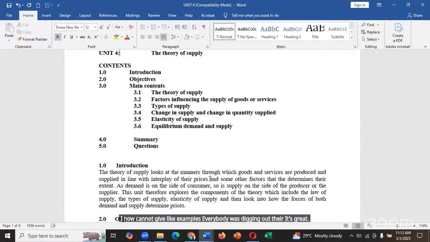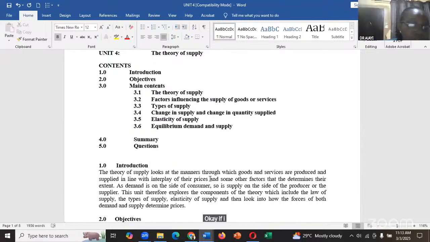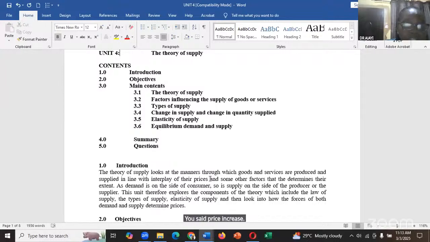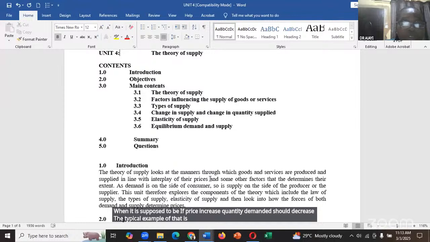Okay, if I can get your question, don't mute yet. You said price increases and quantity demanded also increases, when it is supposed to be that if price increases, quantity demanded should decrease. A typical example is abnormal demand, or the second law of demand, where you expect that once there is a price increase, quantity demanded should decrease.